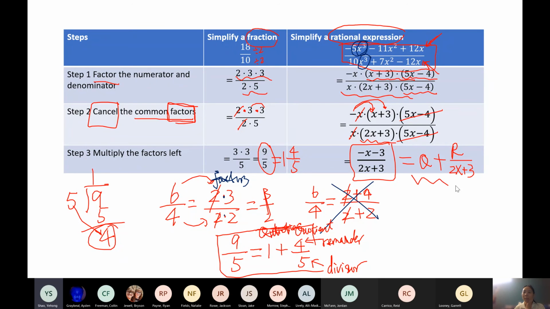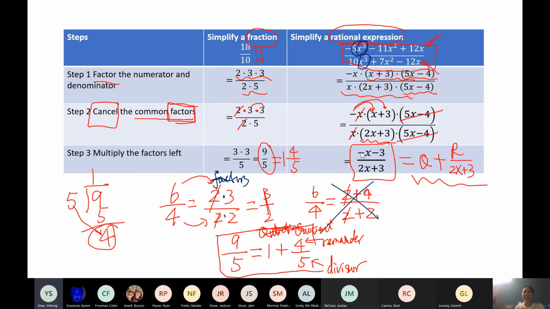I want you to write it in this format. And if anybody here is going to take a calculus class, and you will, technically calculus 2, you will need to use this. And the idea of long division, the process is exactly the same as this, but of course much more complicated.